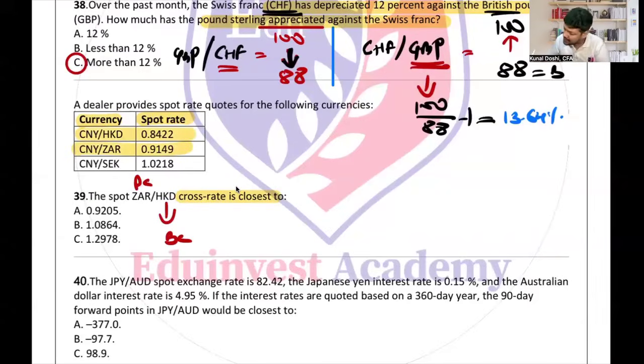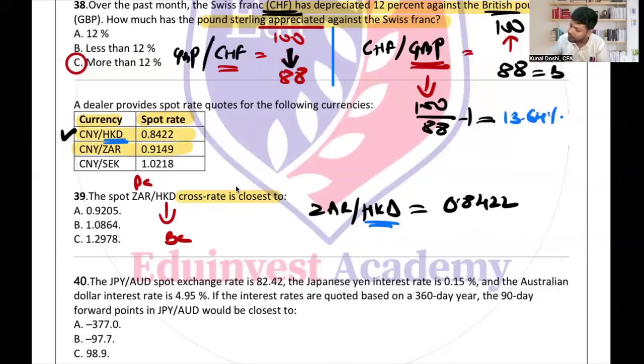Okay, so basically, if you want to find ZAR/HKD, remember HKD is in the base. So I will look, is HKD in the base? Yes. So if it's in the base, I don't need to inverse it. I will keep it as it is, 0.8422. ZAR is in the price, but in the second quote, ZAR is also in the base. It's not in the price. So I will have to inverse it.